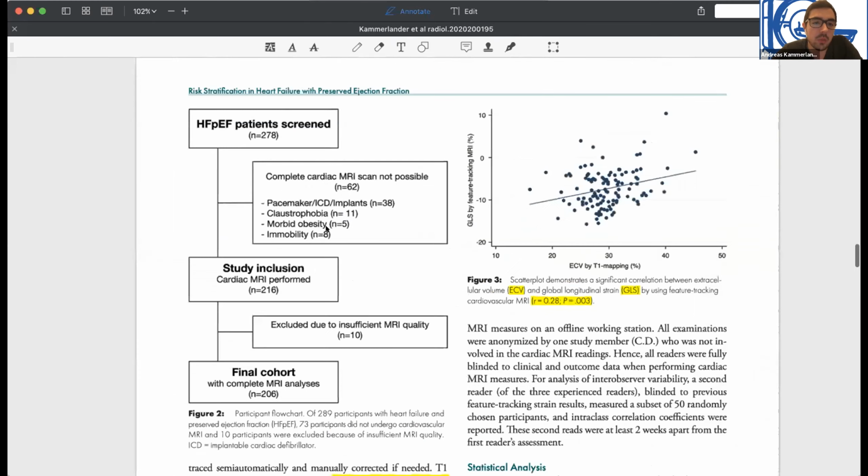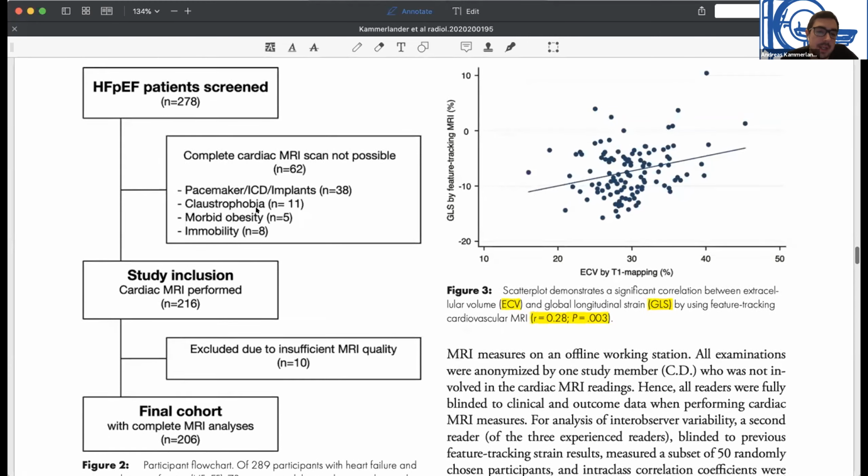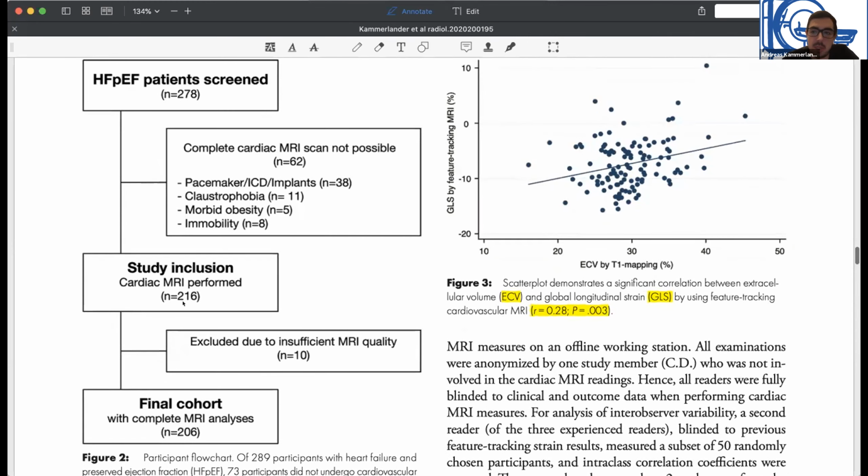So this is the cohort we were looking at. We started with 278 screened individuals, excluded for a bunch of reasons like pacemaker, ICD implants, claustrophobia. Then had 216 patients scanned, and we excluded 10 for insufficient MRI quality, ended up with a final cohort of 206.